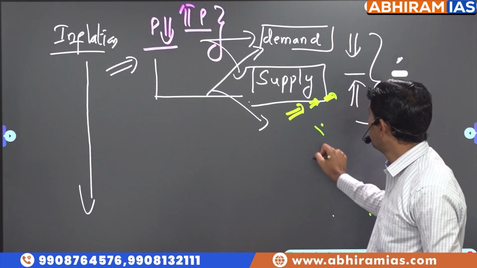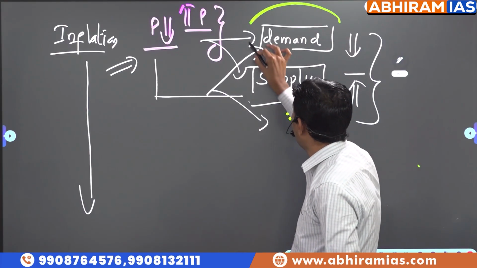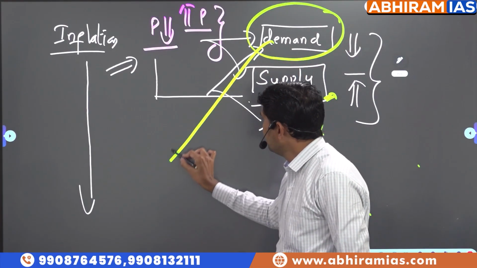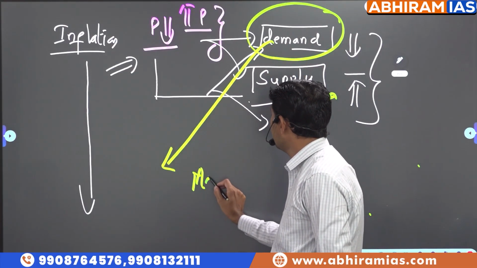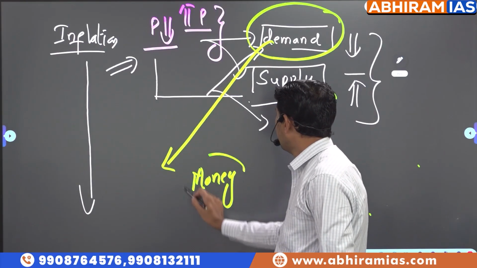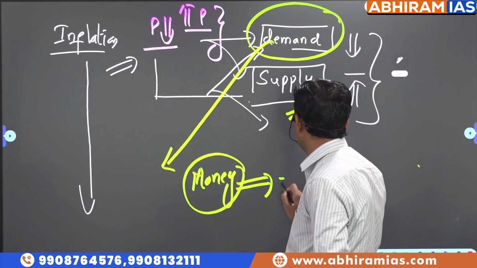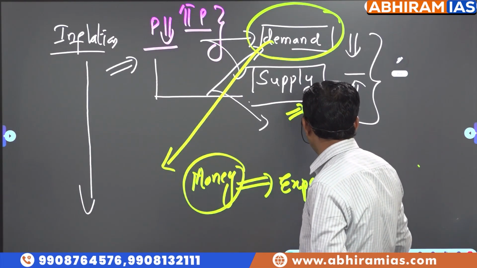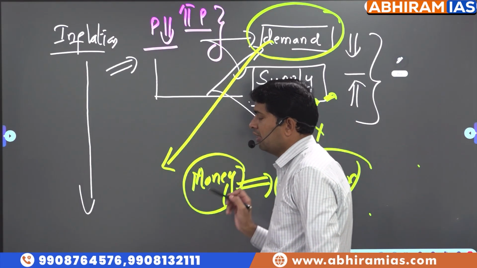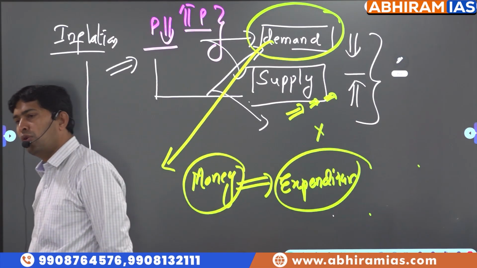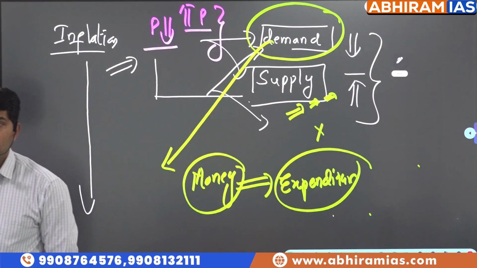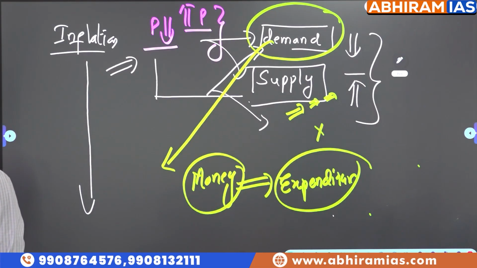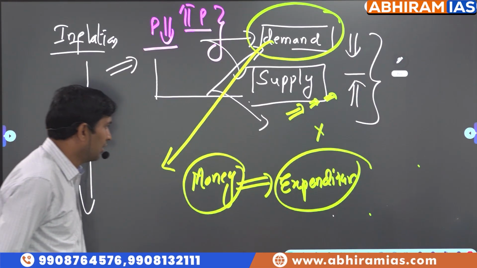No. So we try to reduce the demand, because you need to understand the relationship between money and expenditure. If you have more money, you will spend, or if you have less money, you will spend; in both cases you will spend. But what happens to expenditure when more money is there? It increases.